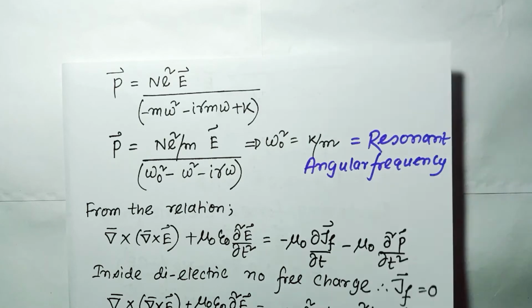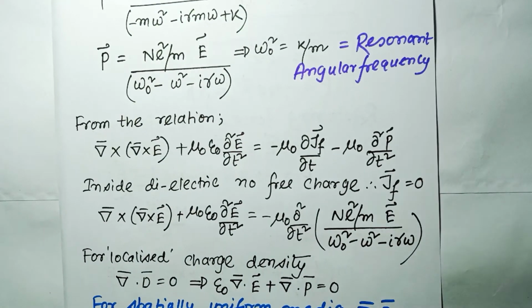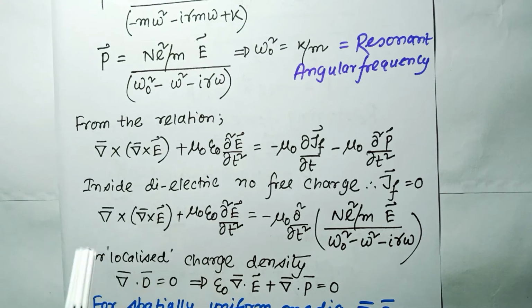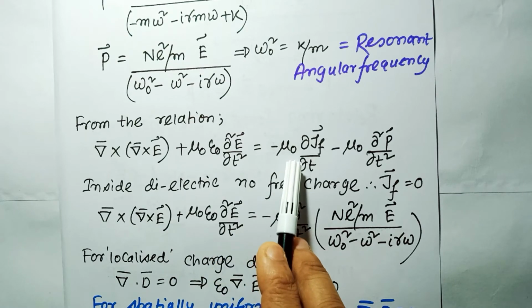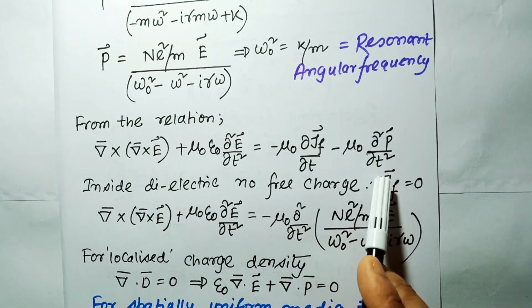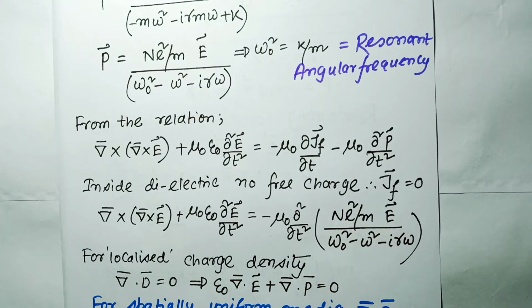So from the relation I have previously written, curl of curl of E plus mu naught epsilon naught del 2 E by del t2 is equal to minus mu naught del Jf by del t minus mu naught del 2 P by del t2, where P is the polarization vector. So inside the dielectric, if there is no free charge, then Jf is equal to 0.